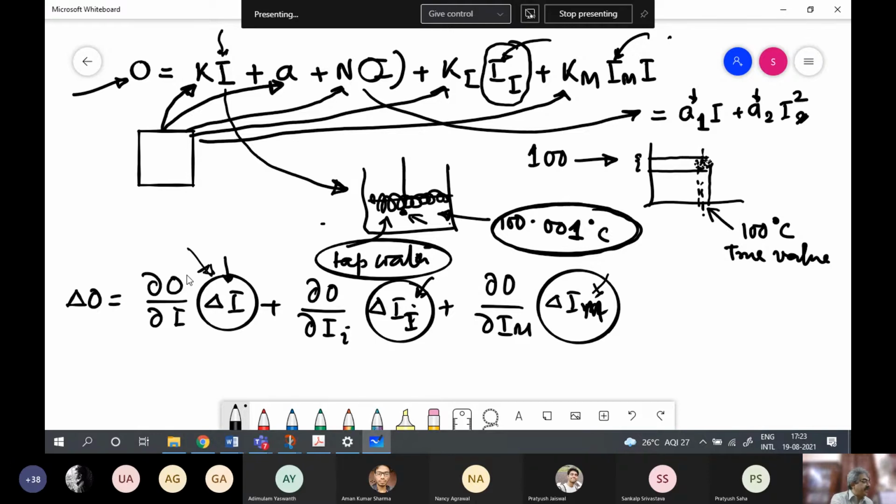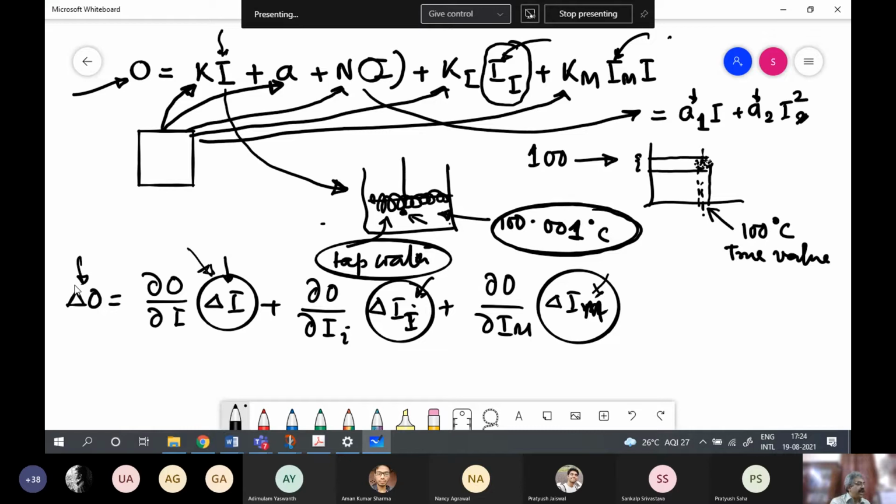If you treat them as random variables, then we cannot calculate the value of delta O. But what we are interested in is some measure of it, something like its standard deviation or its probability density function. If we assume it to be Gaussian, then we want to know its standard deviation. We may also like to know its range. If we assume it to be a uniform random variable, then we may be interested in the maximum and minimum values within which it can vary.